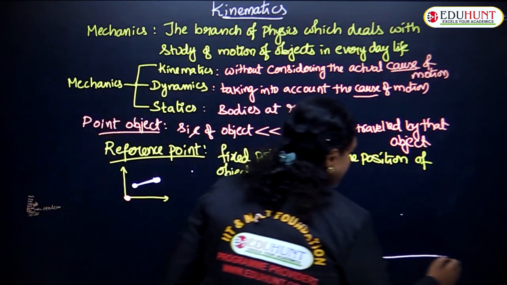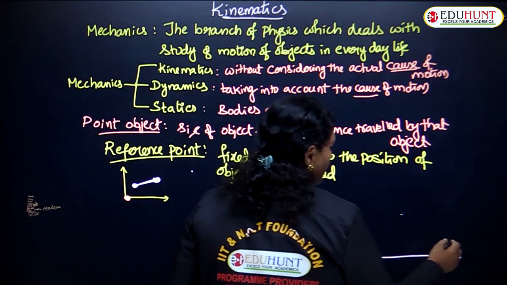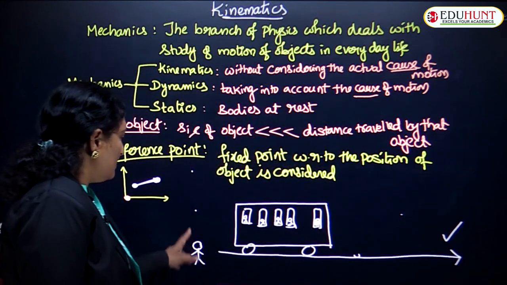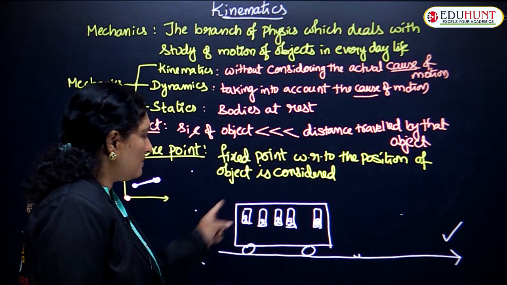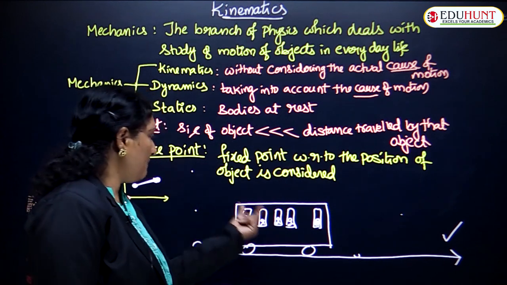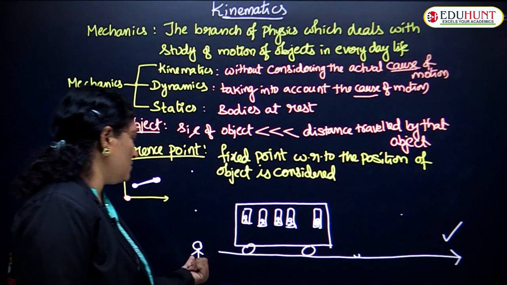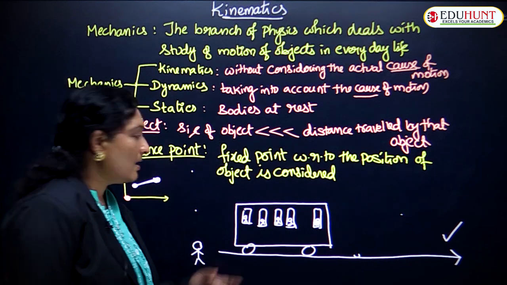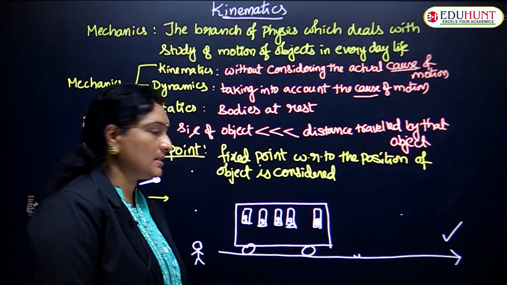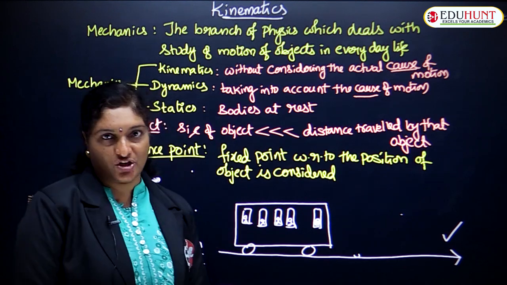Let us suppose that after some time interval, the bus has reached some destination. If the person outside the bus is observing these passengers, they appear to be in motion to this outside person. But if these passengers compare themselves with their co-passengers, there seems to be a rest condition.